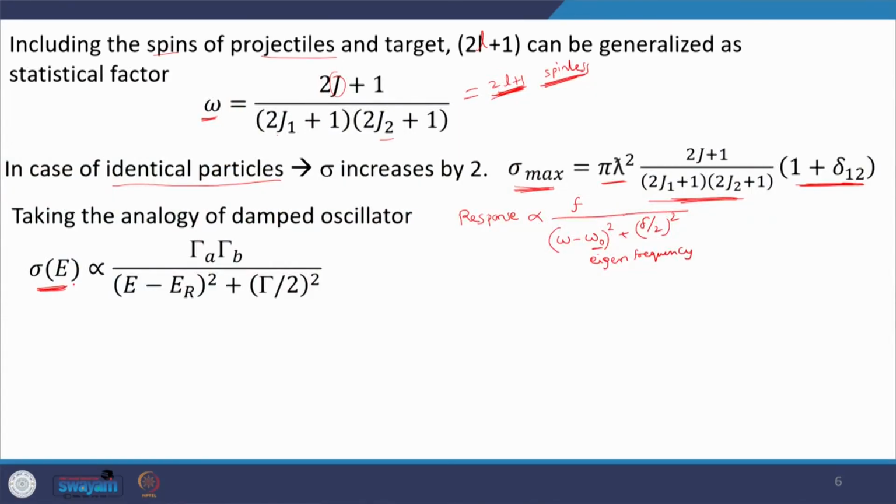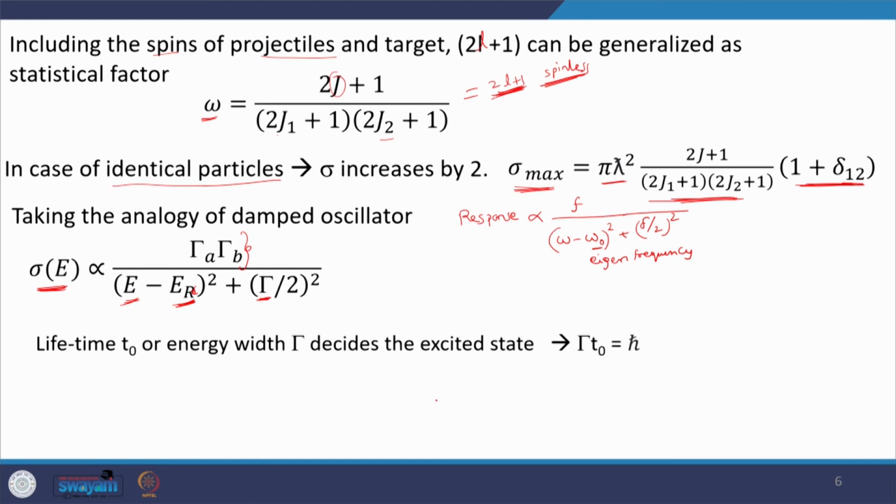The oscillator strength is nothing but the product of the partial widths of formation and decay, and the eigen frequency is replaced with E, the projectile energy, and E resonance, at which the Q value plus E resonance coincides with one of the excited states. This is the incident energy, and this is the total width, which is equivalent to the damping factor of the damped oscillator.